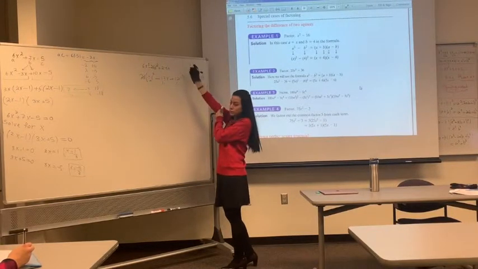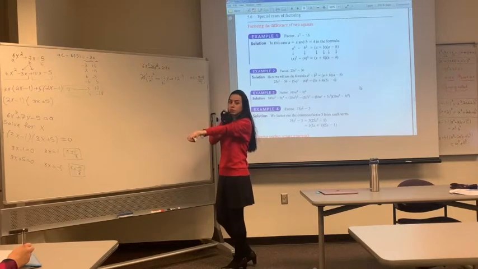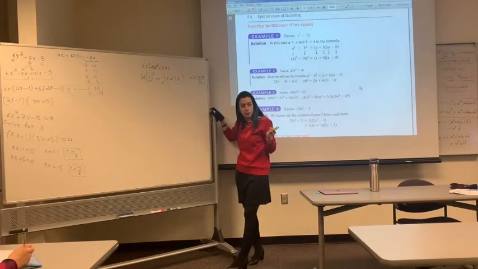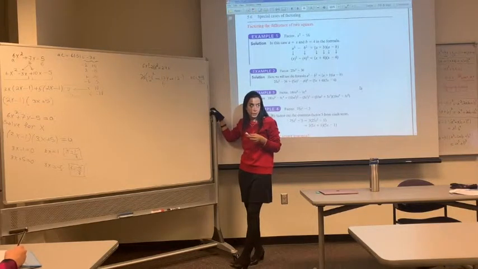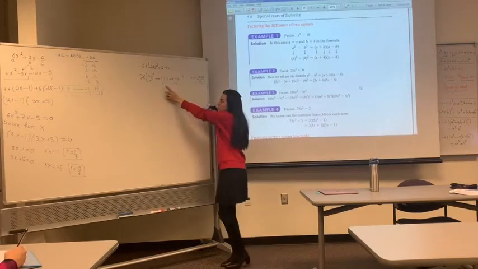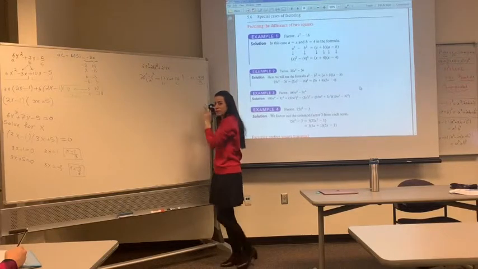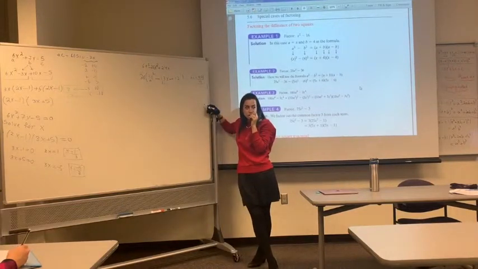Then I should see which numbers give me 36. 6 multiplied by 6. But 6 and 6 together will be 12, not 13, so let's not write it down.